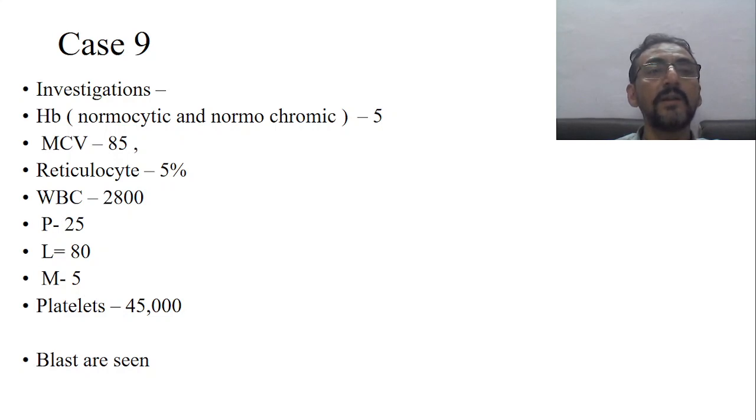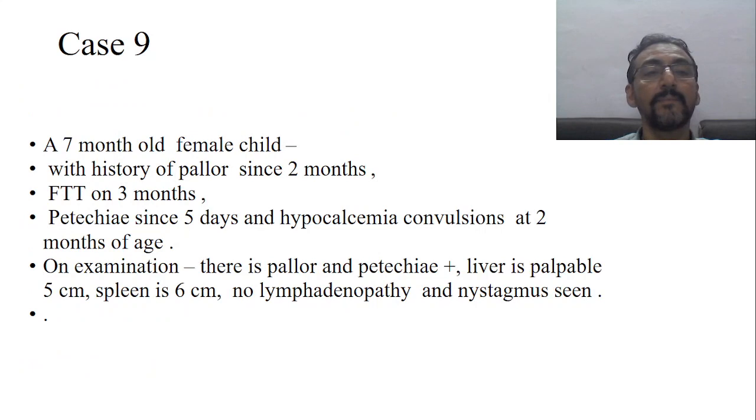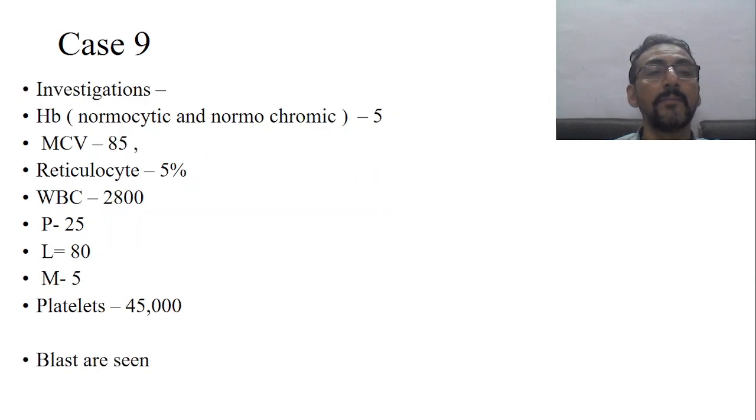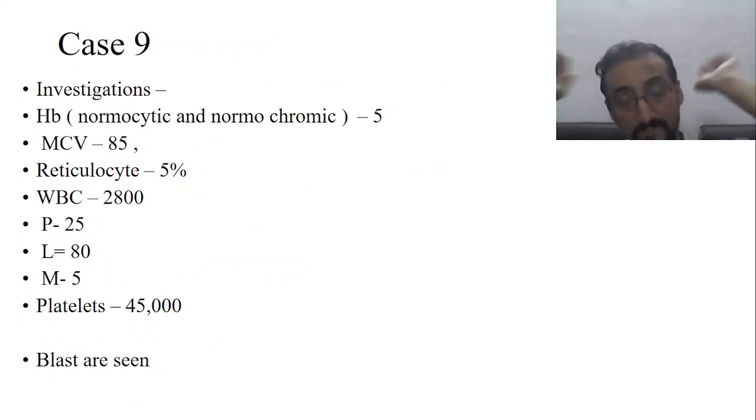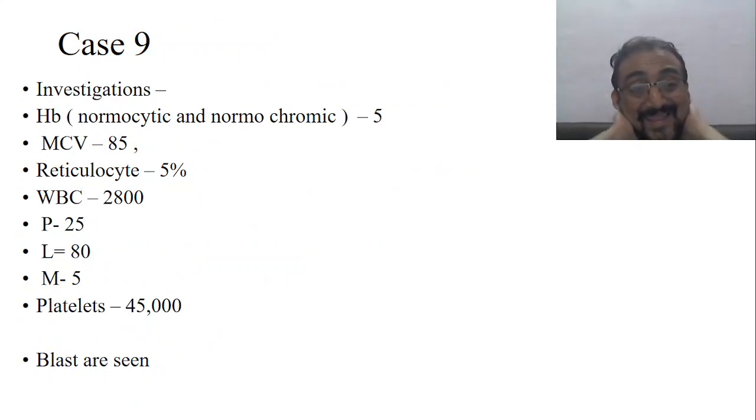WBC less, 2.8. Polymorphs 25. Okay, lymph is 80, raised. Monocyte 5. Platelets 45,000. Blasts are seen. Yes, any idea?